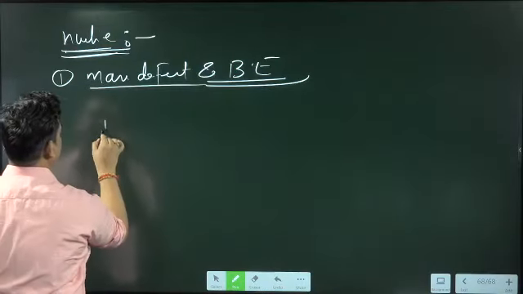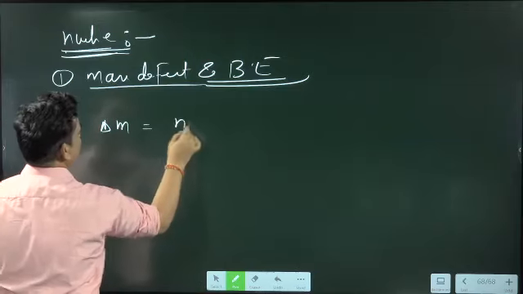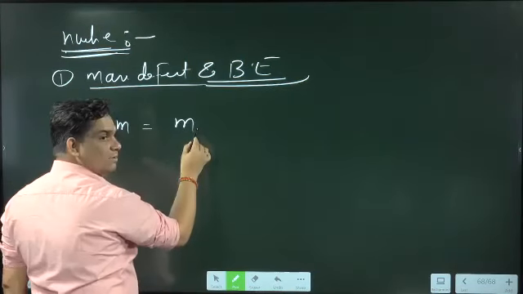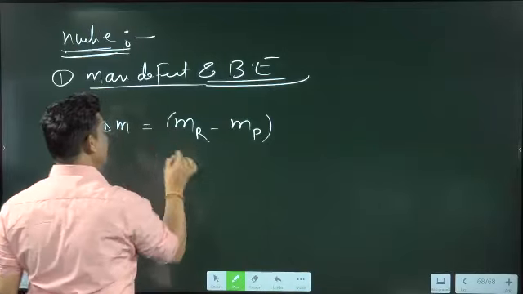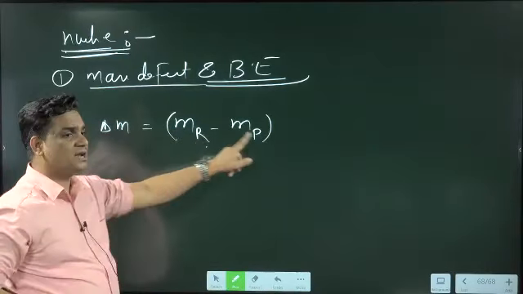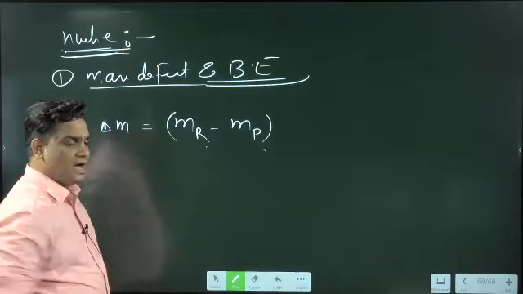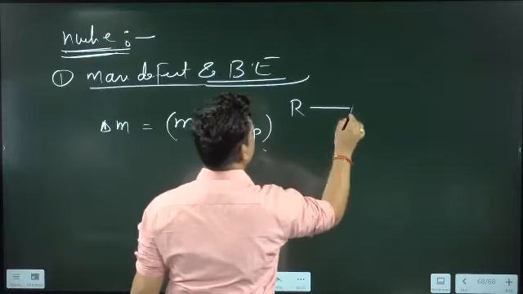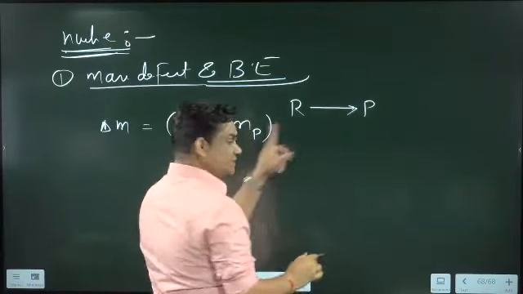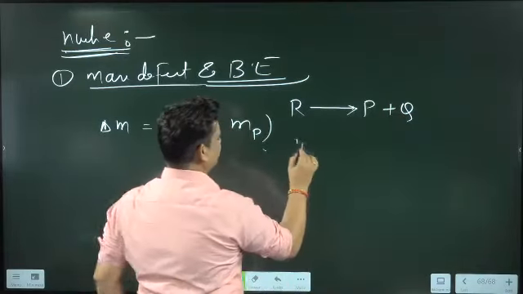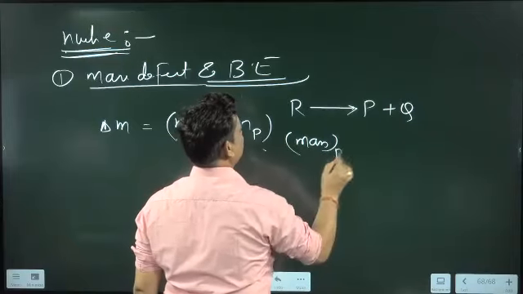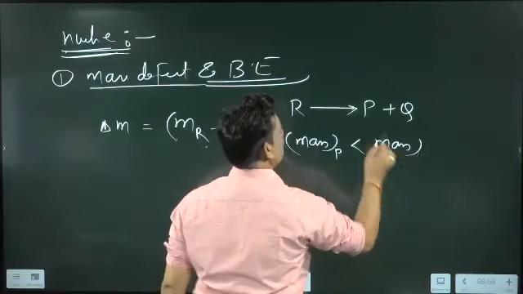Mass defect you always have to find: mass of reactant minus mass of product. Why? Because when reactant is converted into product, in any spontaneous reaction, energy should be released. So mass of product is always less than mass of reactant.